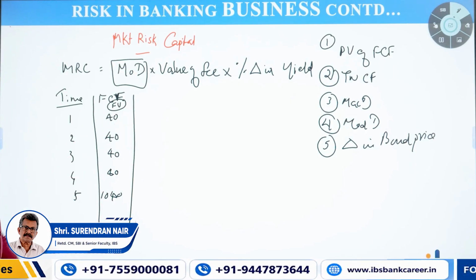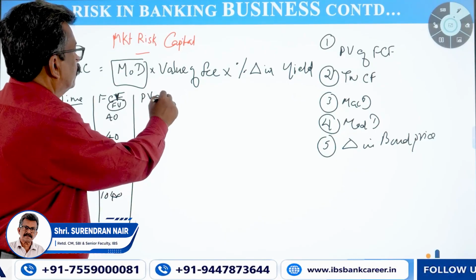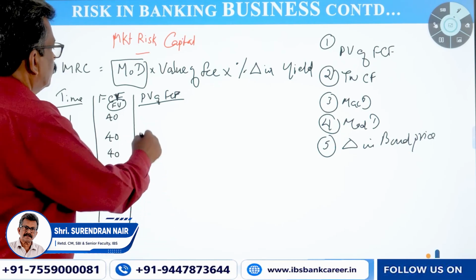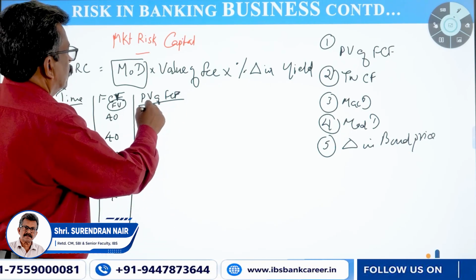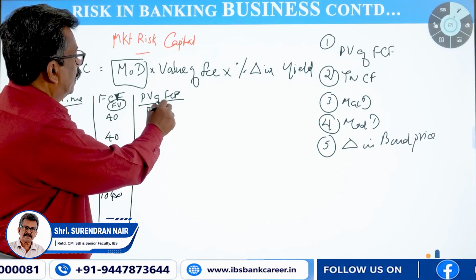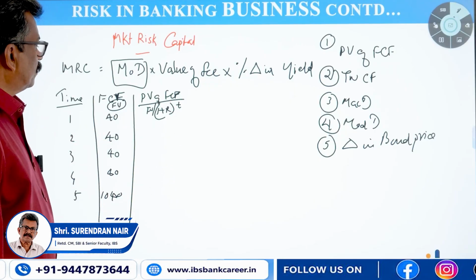Then we move to the present value of this future cash flow. What was the formula which we used? Present value of future cash flow is equal to FV divided by 1 plus R to the power T. So this is the formula which we used.